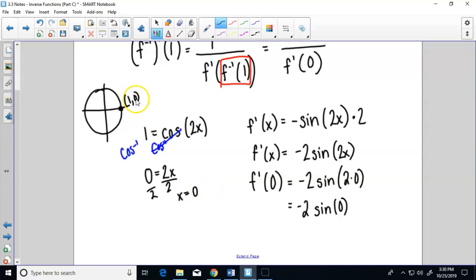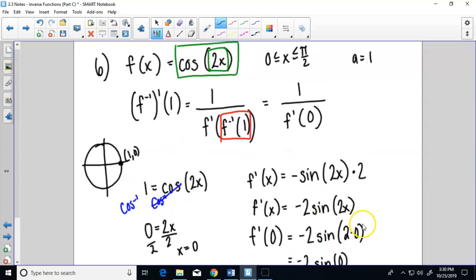Sine of 0 is 0. So we just get negative 2 times 0, which is 0. So for this one, we're going to get 1 over 0, which 1 over 0 is undefined. So for our answer for this one, we get undefined.